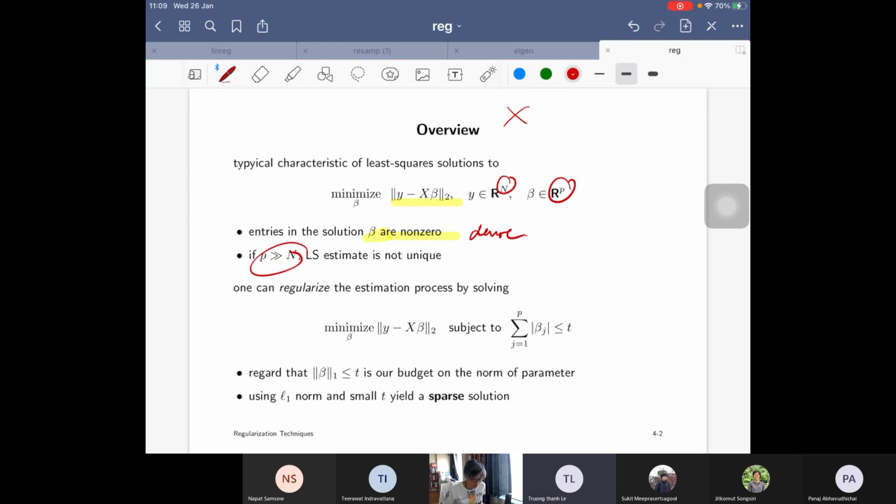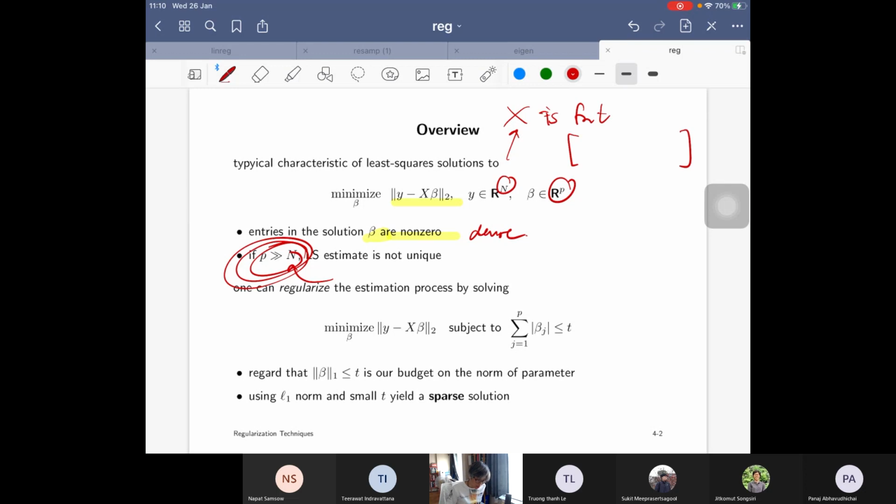In the scenario that you have much more variables than samples, the regression matrix, what is its dimension? Square, tall, or fat? Fat. All right, the regressor matrix is fat.